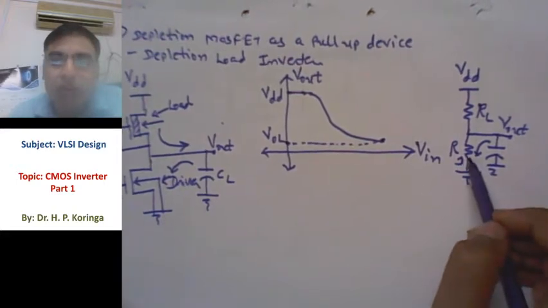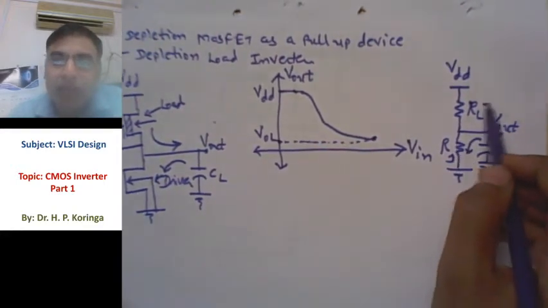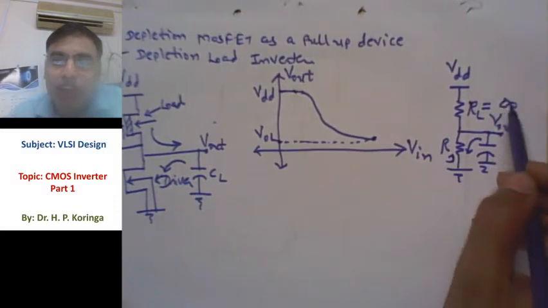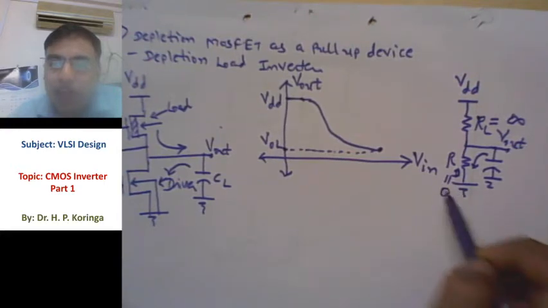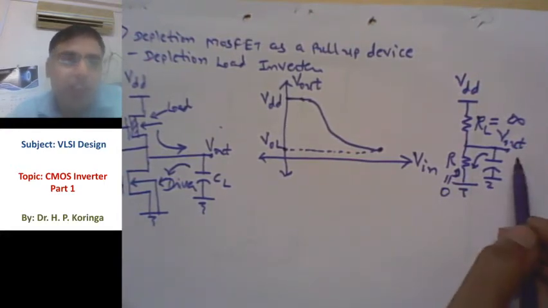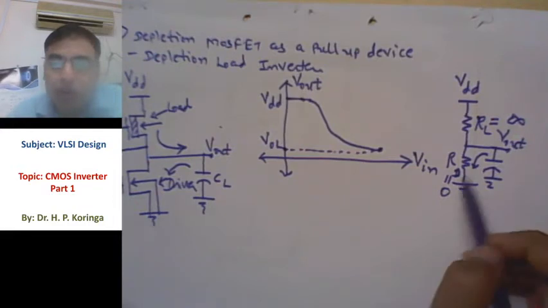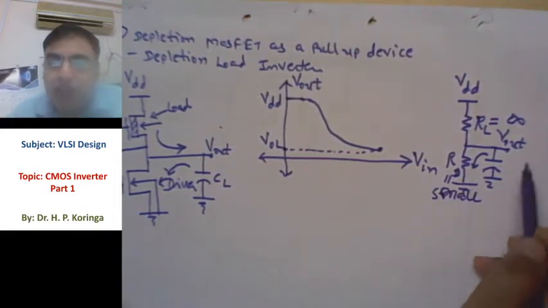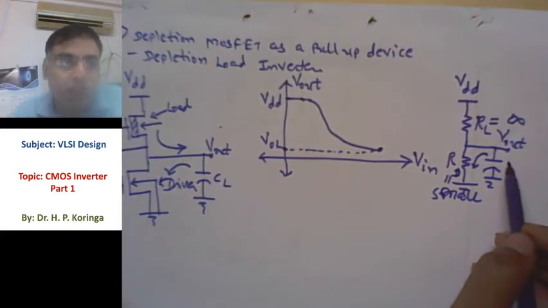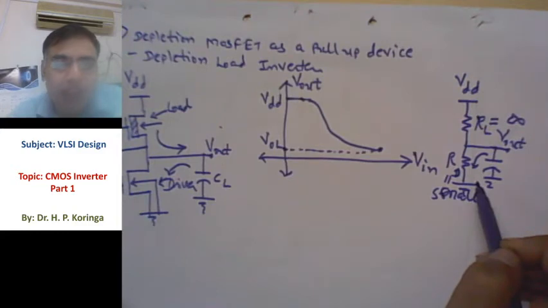It goes to 0 only if we keep RL equal to infinite and the driver MOSFET resistance tends to 0, then we can say that our V out is equal to 0. Or if the driver MOSFET value is small, then also it will make V out tend to 0 volt, right? Then we can say the capacitor is totally discharged.